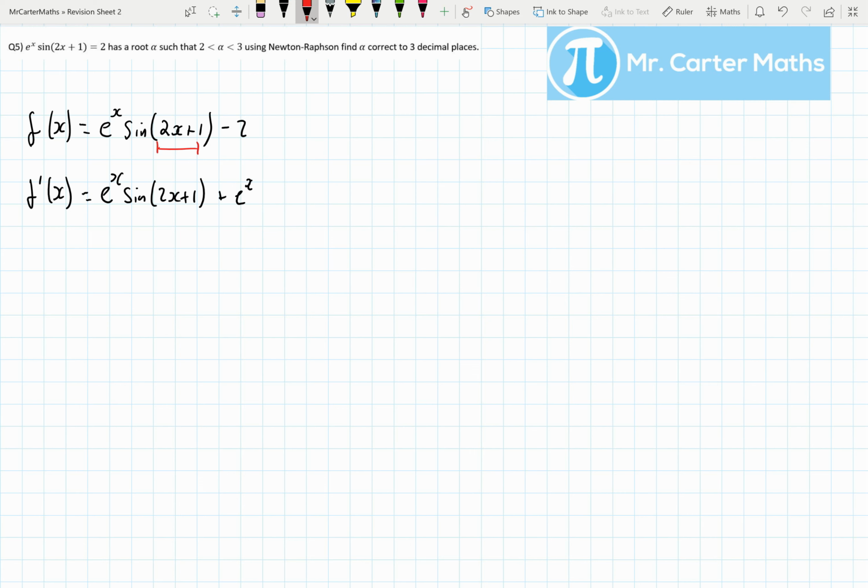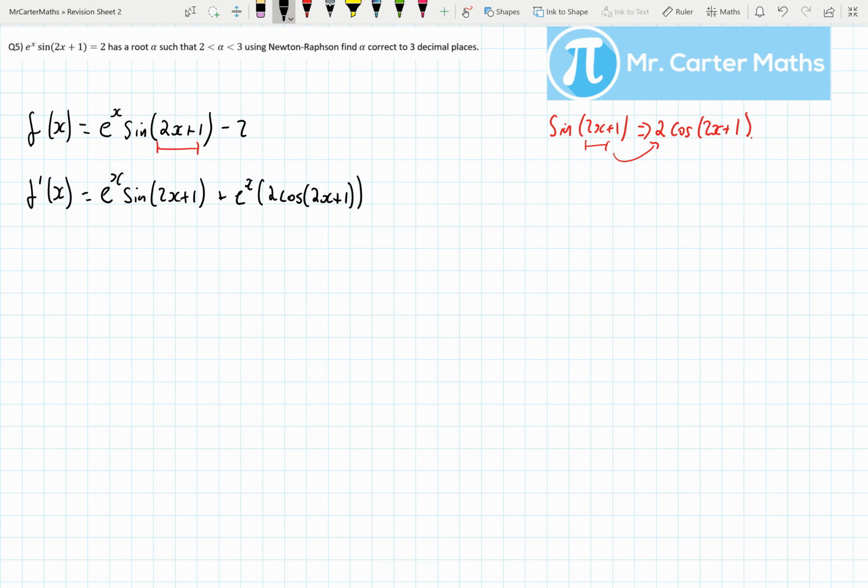When I differentiate sine of 2x plus 1, I actually get 2 cos of 2x plus 1, where the derivative of the bracket is popped out. So e to the x multiplied by 2 cos of 2x plus 1, minus 2, differentiate minus 2, still minus 2.